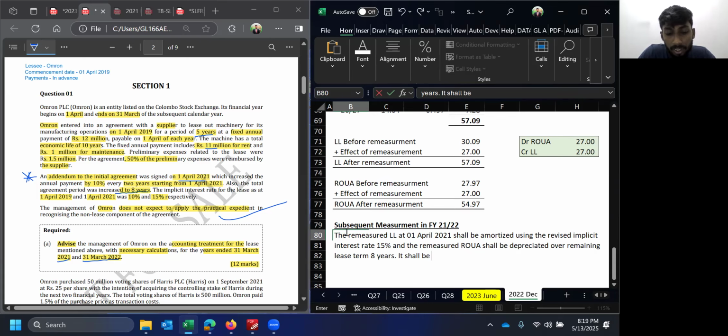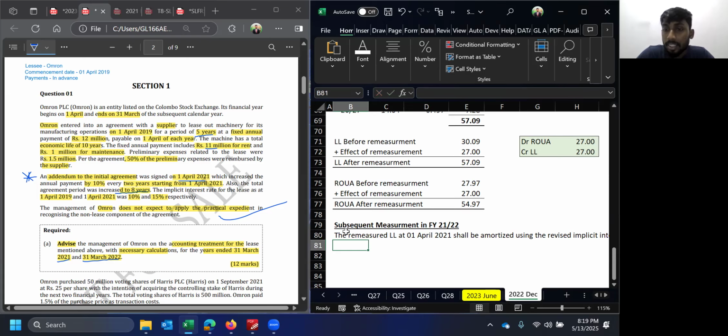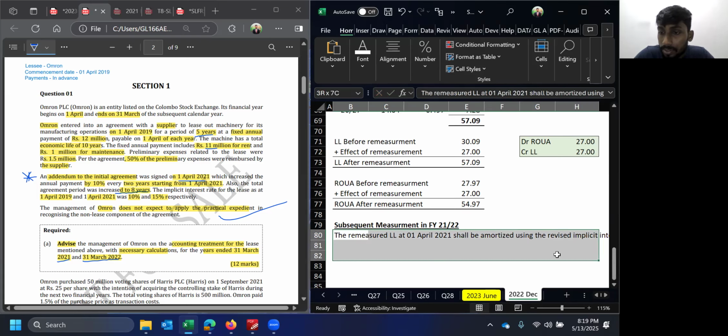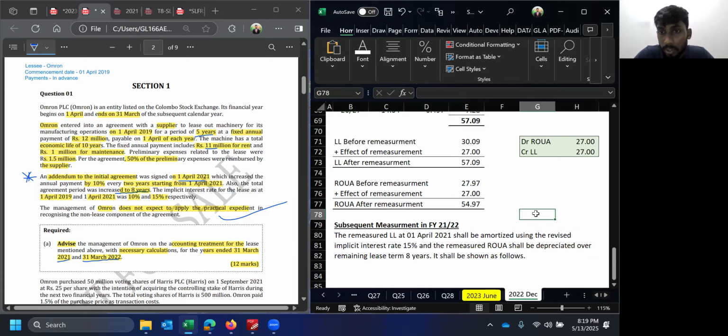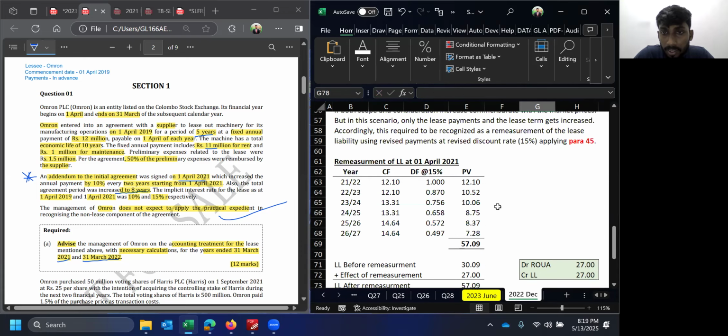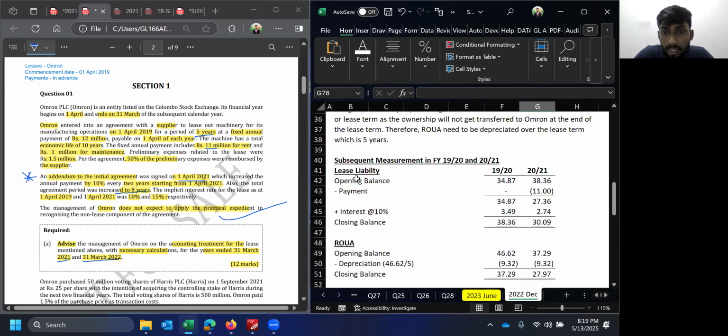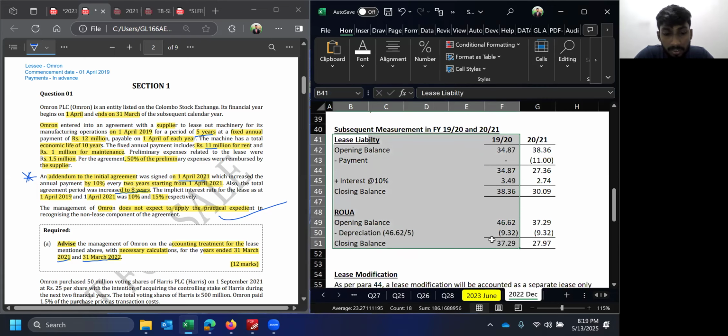It shall be shown as follows. Let's show the financial year movement. So let me copy this one.